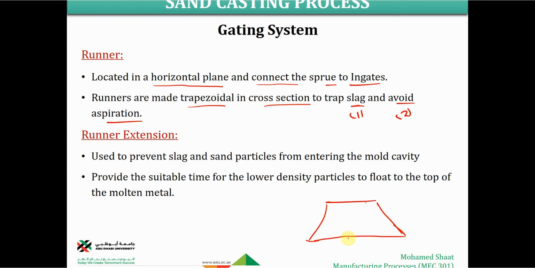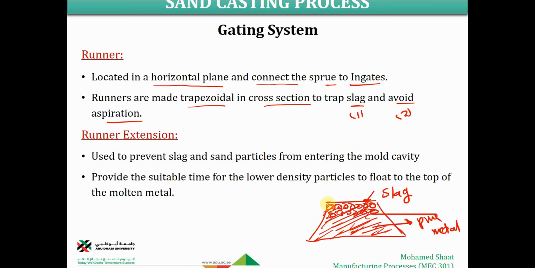The first reason is that the runner, first of all, should be completely filled with molten metal, with liquid. But this liquid will include the impurities or the slag, which should be located over the top because of their low density, and the pure metal is going to be located below. So what's here is just the pure metal. Make sense?